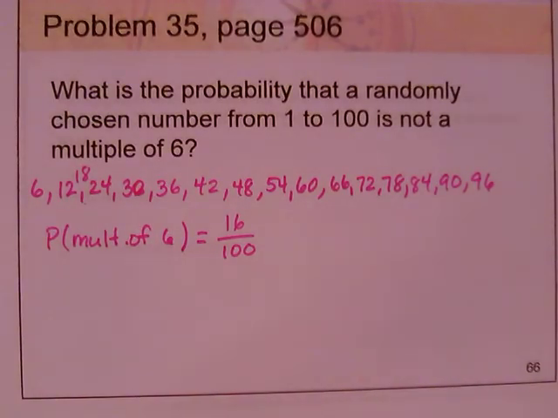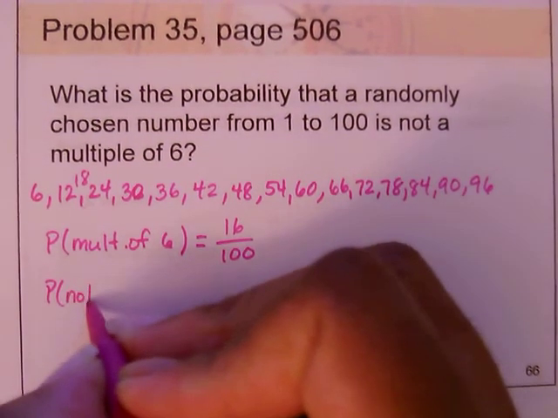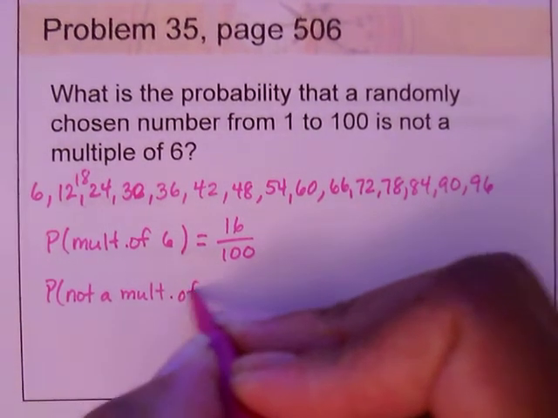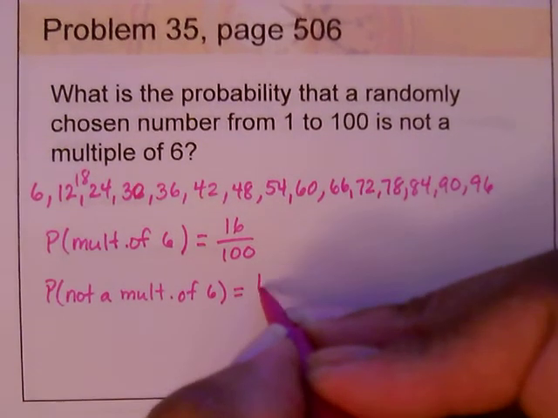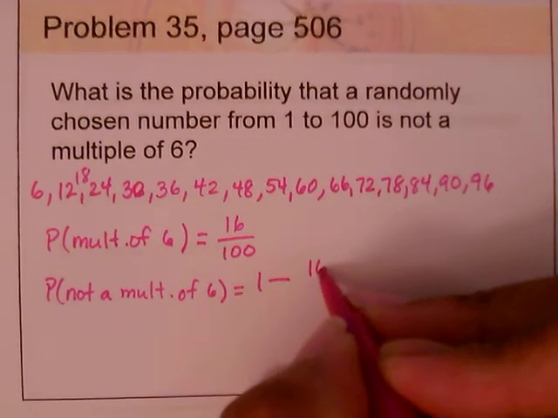Now, we want the complement of that, because it asks for the probability that a randomly chosen number from 1 to 100 is not a multiple of 6. So, not a multiple of 6 would be 1 minus the probability of getting a multiple of 6.